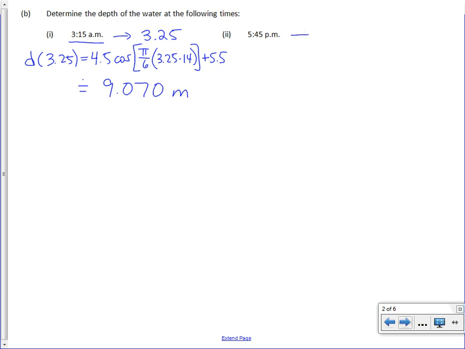5:45 would be, so that's in the afternoon, so 12 hours, so 17. And then 45 minutes would be 0.75. And just to practice, repeat, so D at 17.75 equals 4.5 cosine pi over 6 times 17.75 minus 14 plus 5.5.